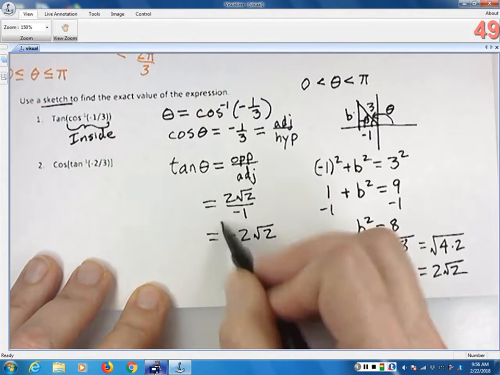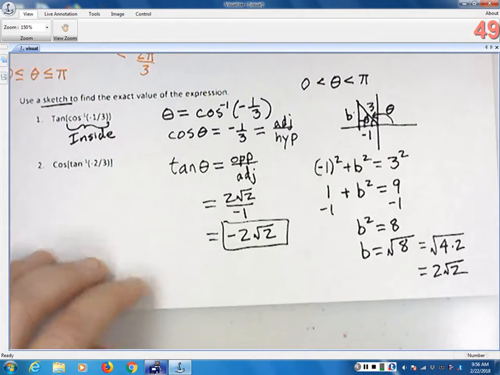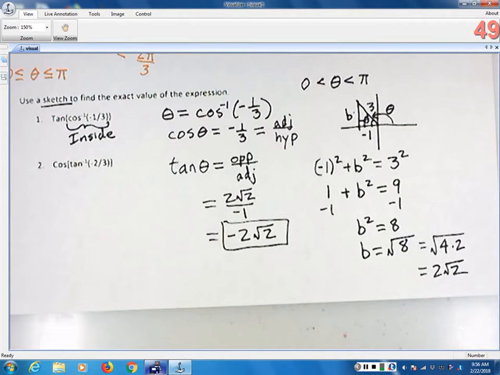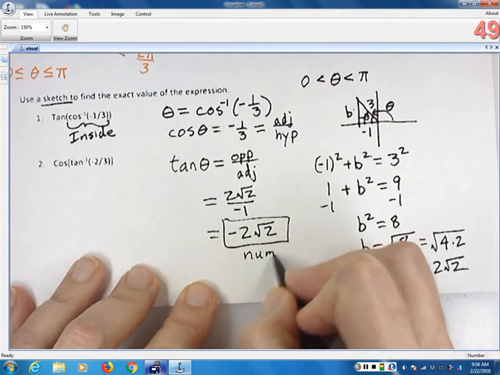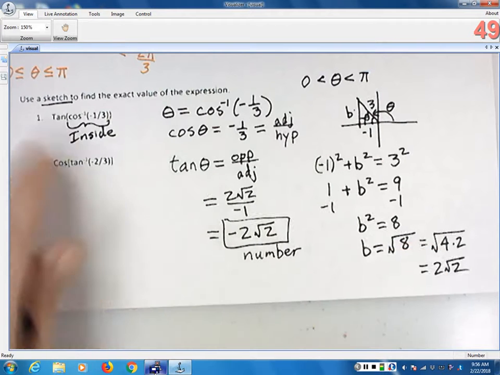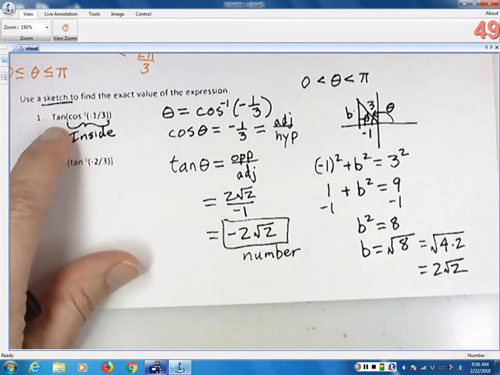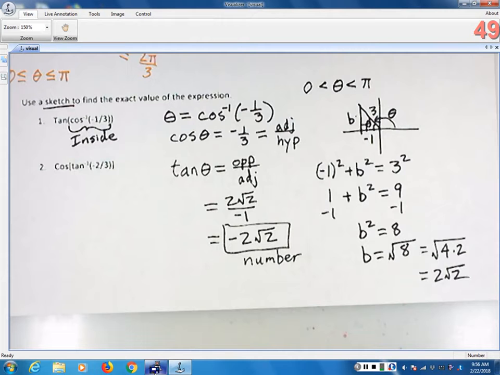That's the answer. And this is an exact number, a number because we're taking the tangent of an angle. The inside is an angle. We're taking the tangent of an angle, and we're getting a number. So see if you can work the last one.